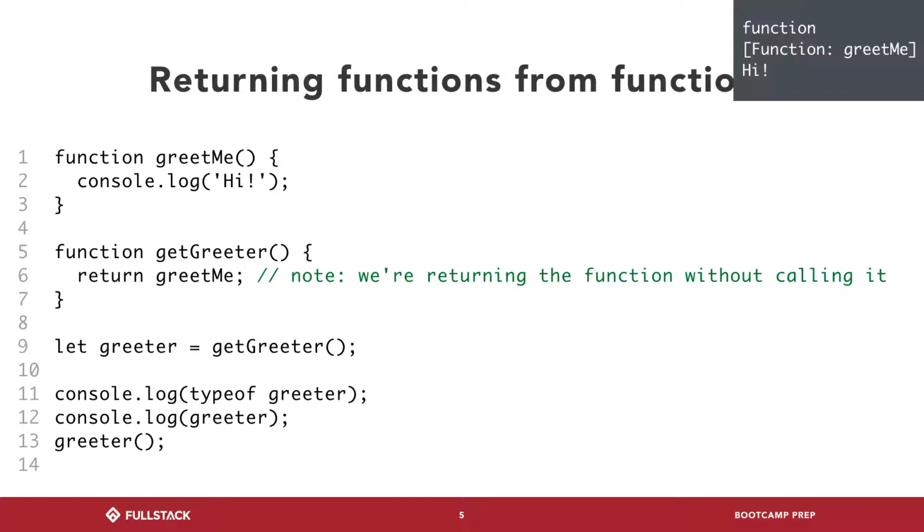Up until line 13, greetMe is never invoked, and greeter is never invoked, so this function never runs. But once we actually invoke it on line 13, that's when this console log actually shows up. So once again, to reemphasize, here we're returning a function without invoking it. But we always have the option of invoking it later if we want to.